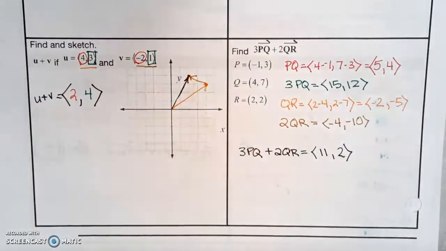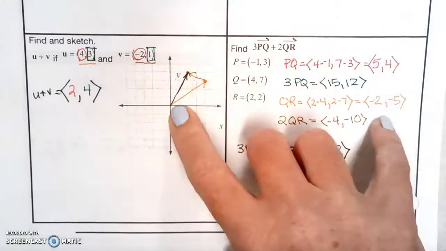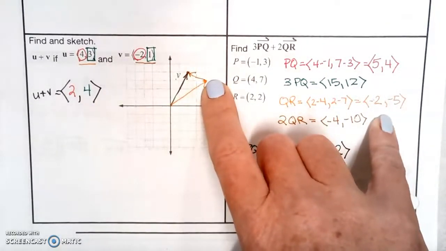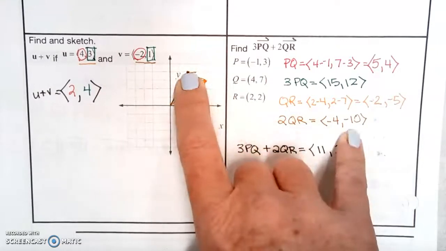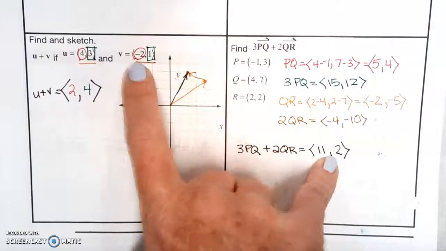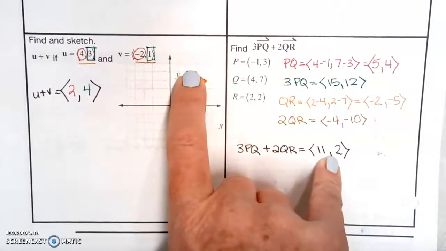Any questions on that one? Why is it at the origin? It's starting at the origin, the 2, 4. Then we're going to add negative 2, 1 to it. Because it's negative 2, I went 2 to the left and then up 1.